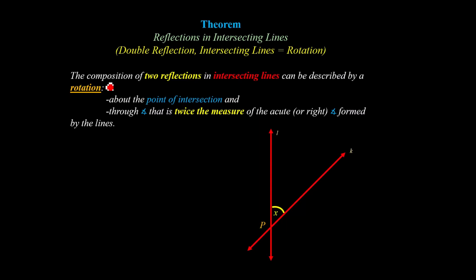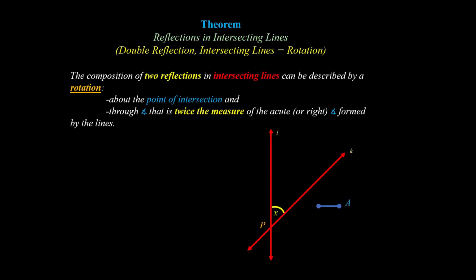So this theorem stated the composition of two reflections in intersecting lines can be described by a single rotation, and the single rotation was about the point of intersection P over here, and the angle that is twice the measure of the acute or right angle formed by the lines. So the rotation would be twice as big as x over here, or 2x.